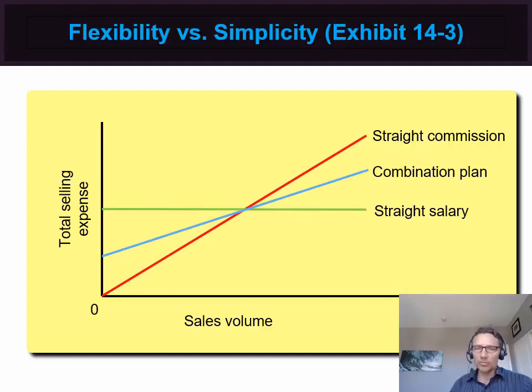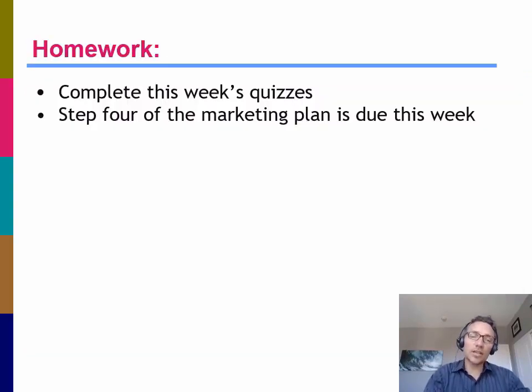Again, combination plan. Most salespeople want some level of survival wages and the opportunity for commission on top of that. Different compensation methods are going to motivate different behaviors from your salespeople. So you need to know what your products are, what kind of after sales support you need before you set up your compensation methods.